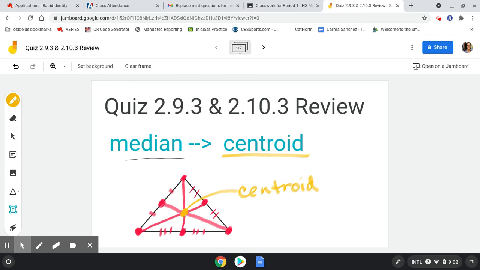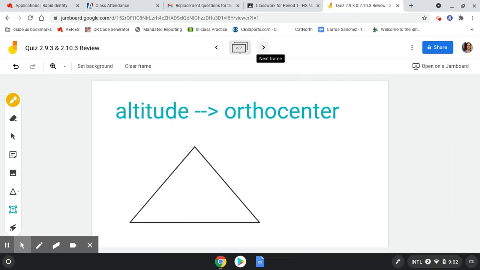Notice that the medians go from a vertex to the midpoint of the opposite side. Okay, let's go look at the second vocabulary word, an altitude. An altitude of a triangle does not go to the midpoint of the opposite side, but just forms a 90-degree angle.